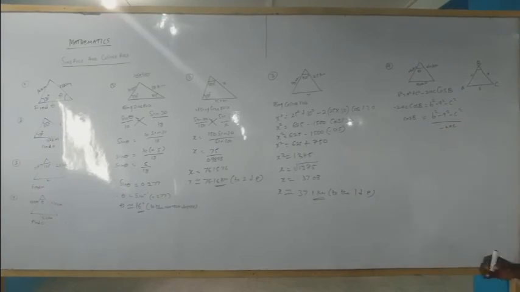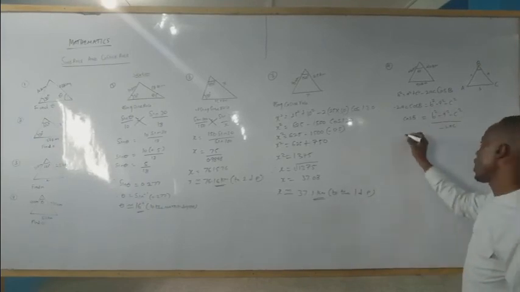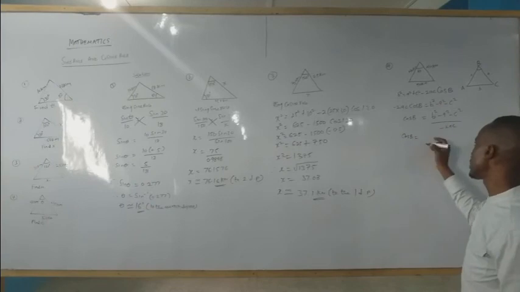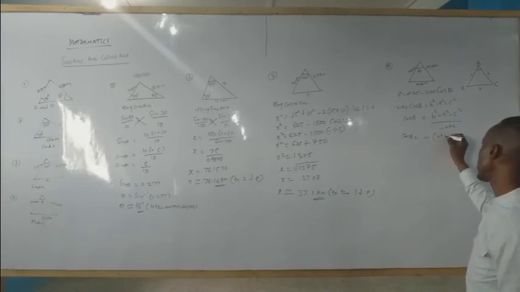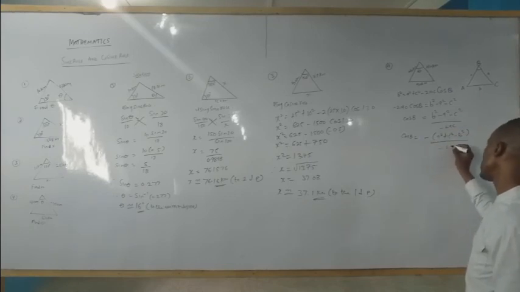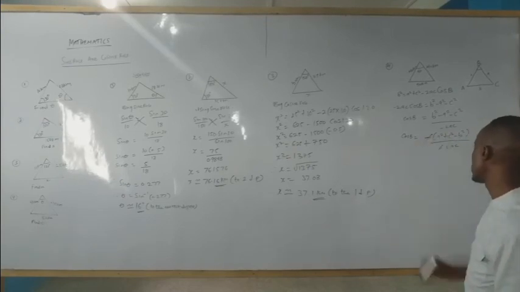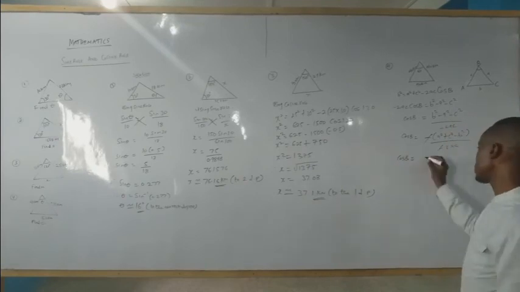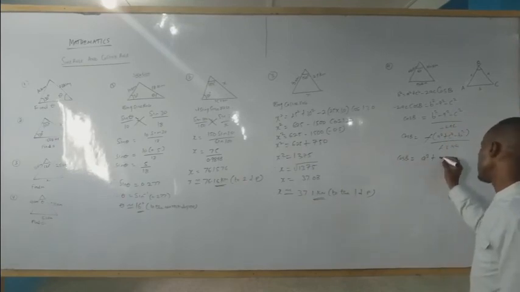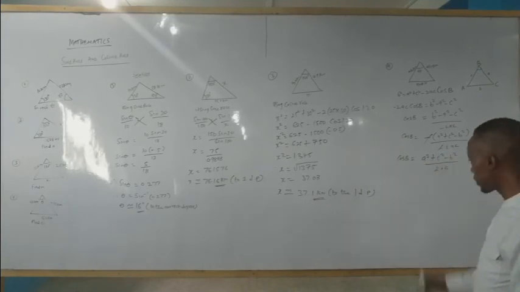We want to determine B, but from here you can still remove the negative. So cos B is equal to negative of a squared plus c squared minus b squared over minus 2ac. The negatives cancel out, so we then have cos B equals a squared plus c squared minus b squared over 2ac.